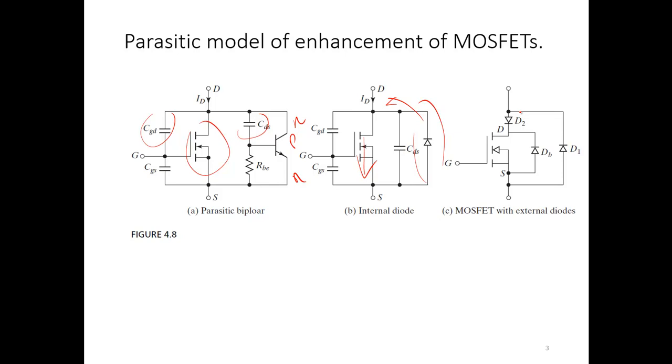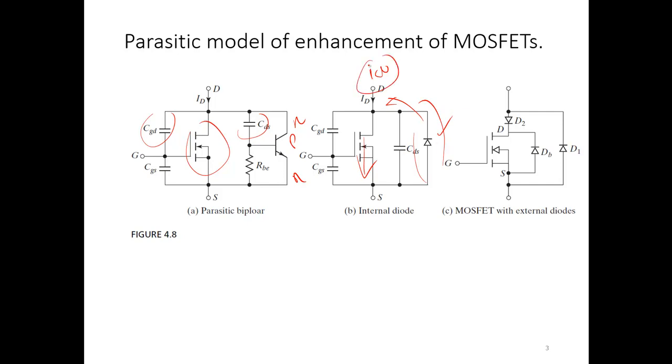Now, very often if you apply a current like 10 amps or 100 amps with an inductive load, you expect that this diode will act like a freewheeling diode, but the rating of this diode will be much smaller than the transistor itself.